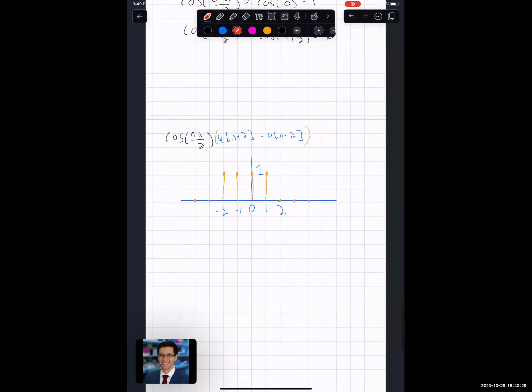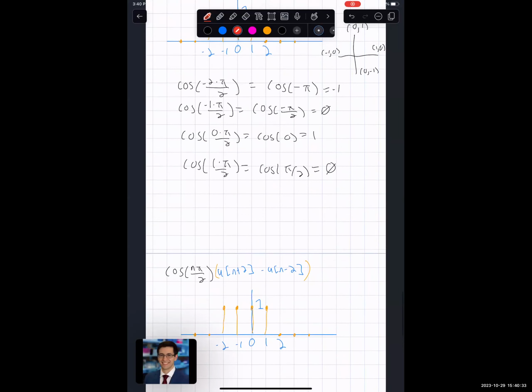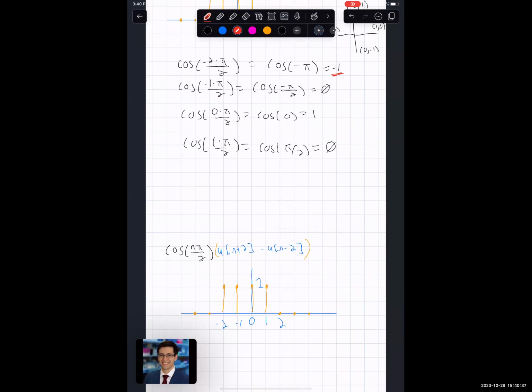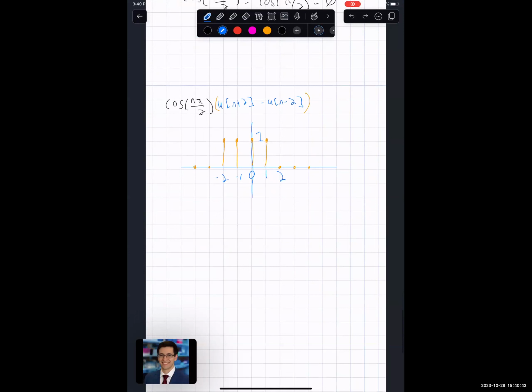What's our new graph going to look like? We know that at n equals -2, this cosine function evaluates to -1. So it's going to be this value at -1. So let's draw that. The orange is going to be the old values, and red is going to be the new. I'll erase them after so it's not too confusing. Okay, so here it's going to be -1.